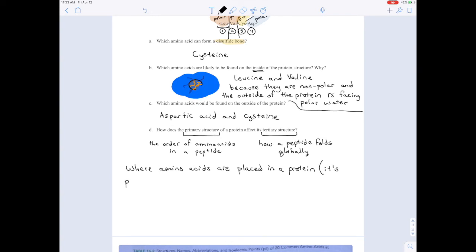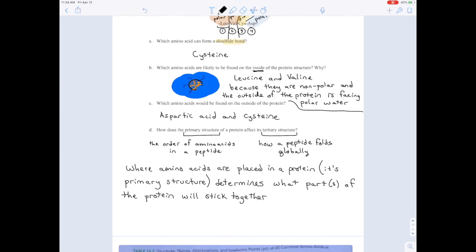The order that they're in determines what part of the protein will stick together through hydrophilic interactions, hydrophobic interactions, and disulfide bonds.